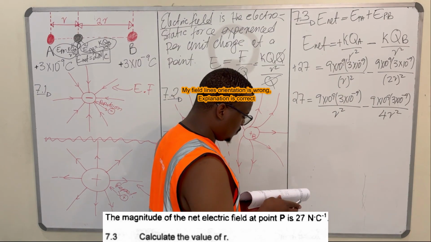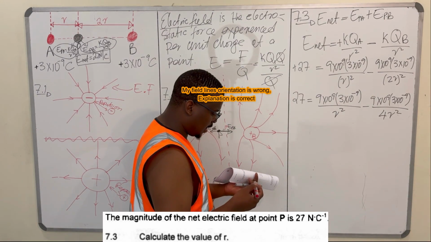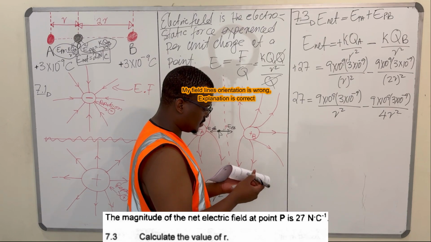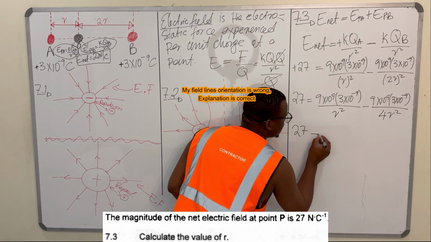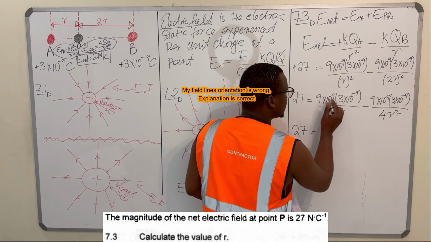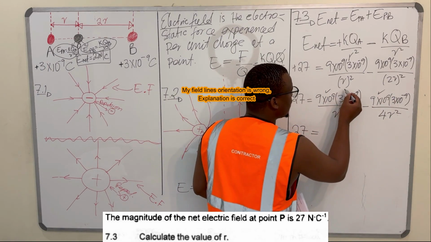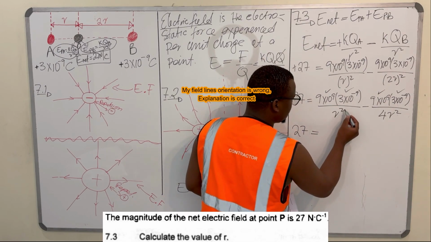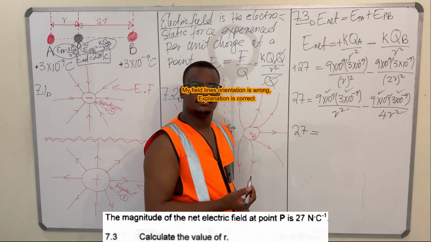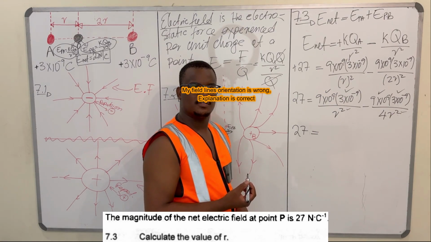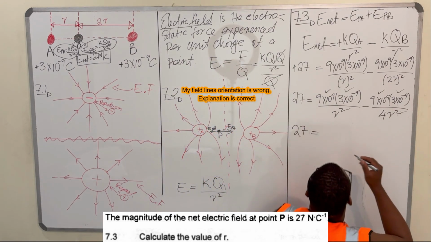So what will I do? I'll take out common factors. You don't have to solve my way. This common factor, this common factor, and this is also a common factor.